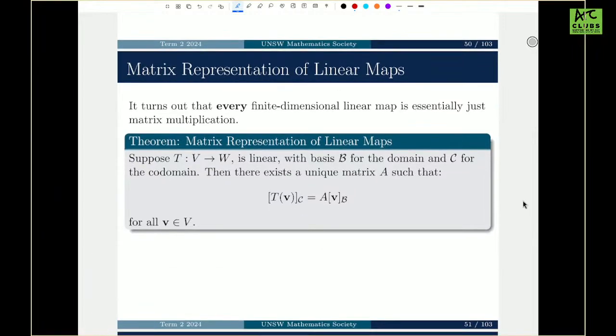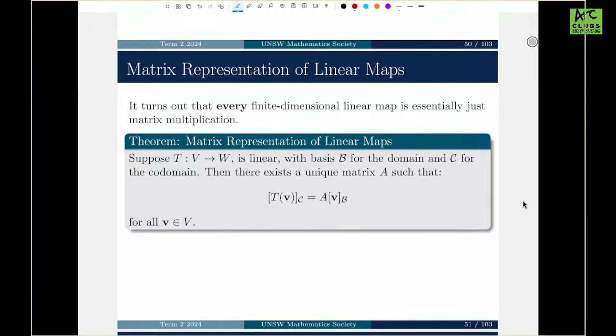Okay, so matrix representation of linear maps. For every finite dimensional linear map, there's a corresponding matrix. So suppose T, a map from V to W, is linear, with basis B for the domain and C for the codomain.